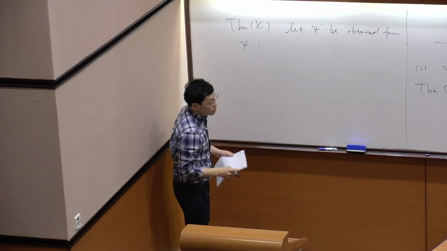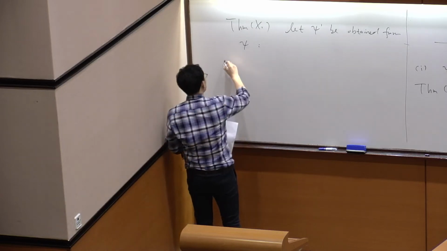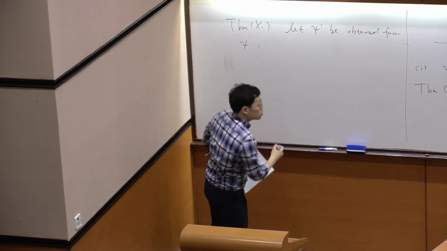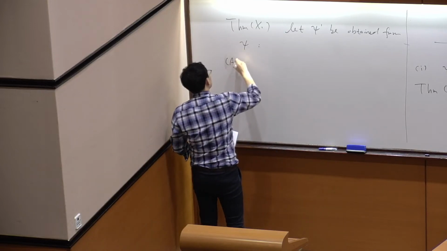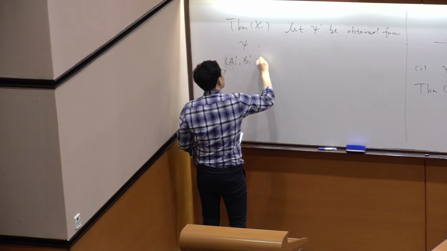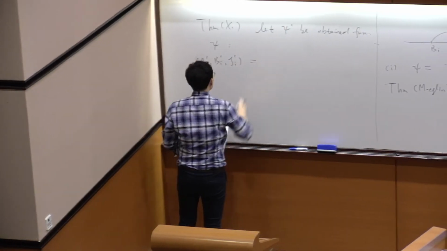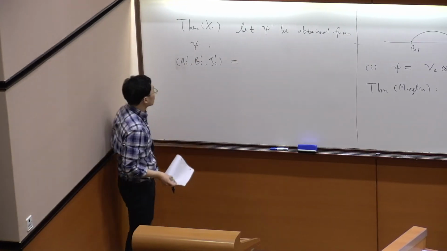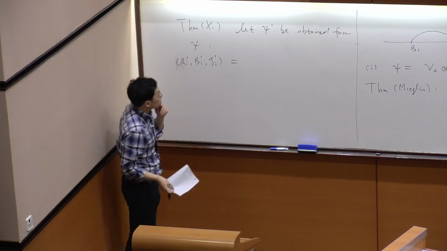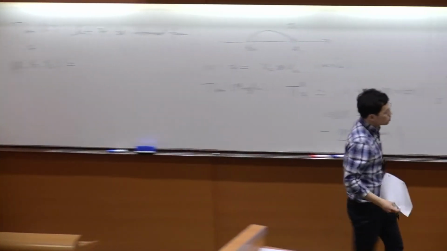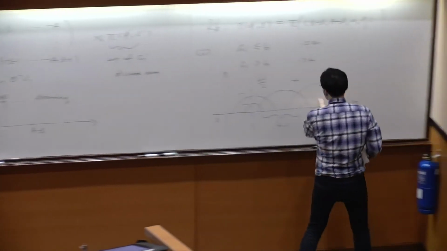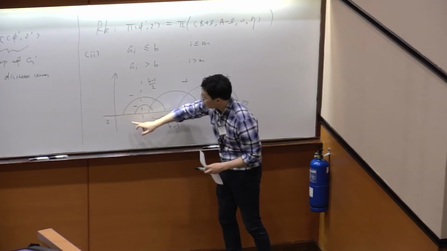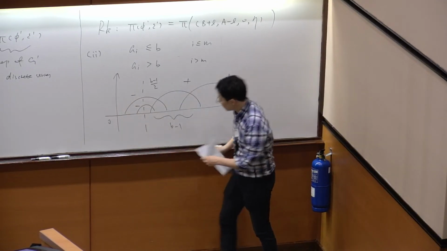Again, we just need to describe all its triples, so we just need to describe this A_I prime, B_I prime, and Z_I prime. These correspond to the irreducible components of this psi prime. And the way we introduce this new parameter is to keep all the positive intervals, and then push all these negative intervals to 0, so their left endpoints will reach 0. And that's how we get these new parameters.